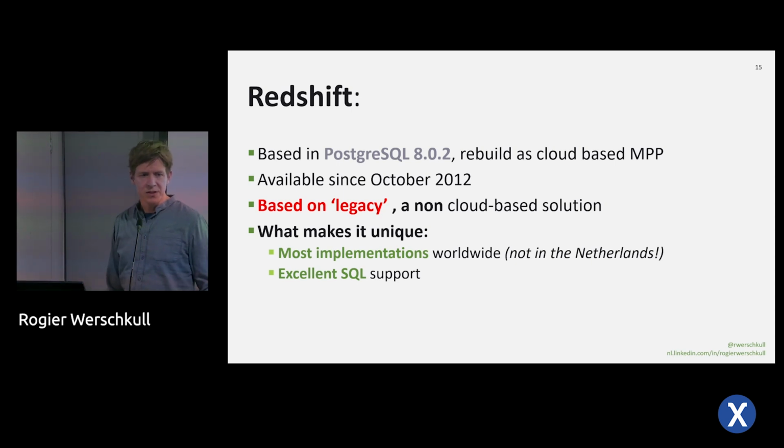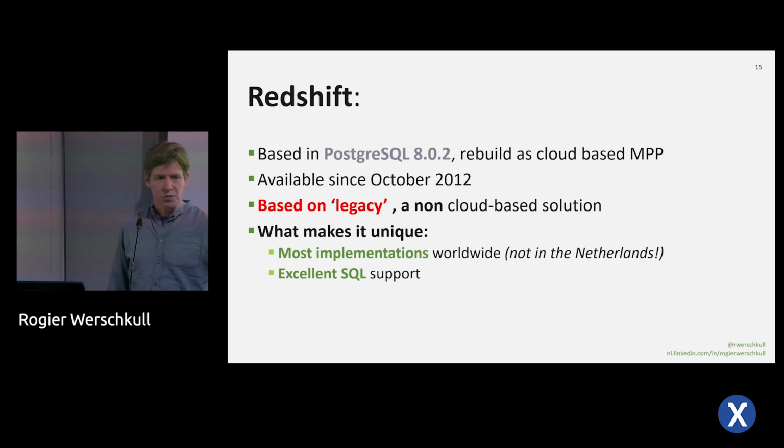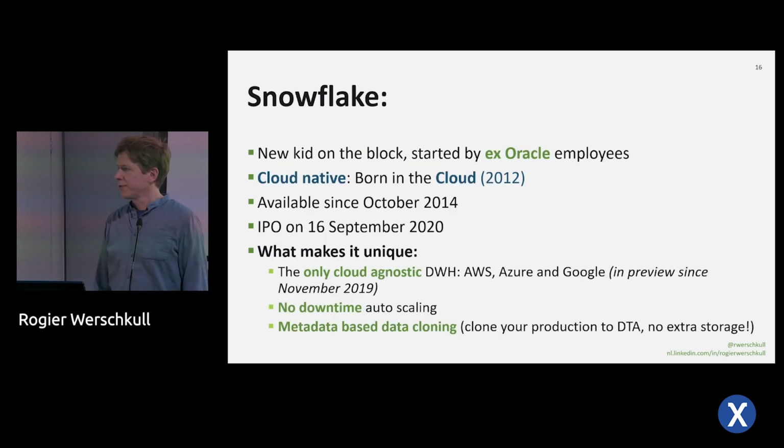Here in the Netherlands, it's not used by a lot of organizations. What makes it unique is that if you need a lot of knowledge, and if you don't work in the Netherlands, then most knowledge resides in the US, and because it's based on Postgres, it has excellent SQL support.